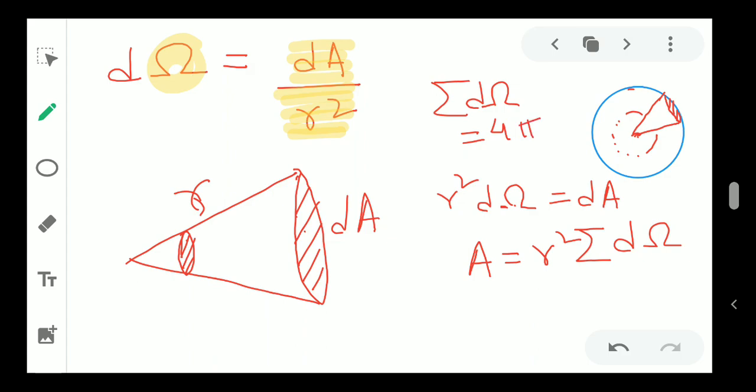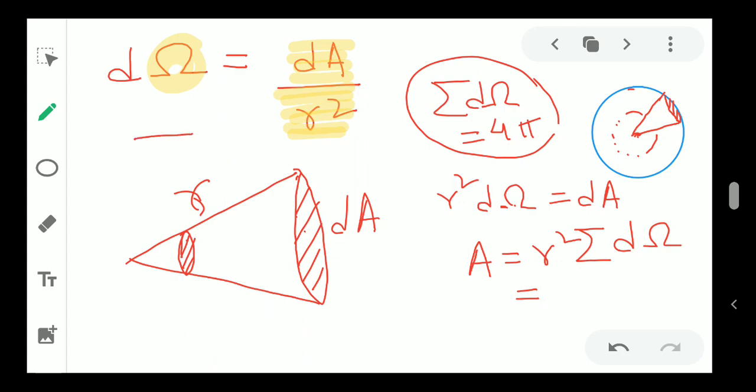This will come later in mathematics or physics, so for now just learn it as a fact.